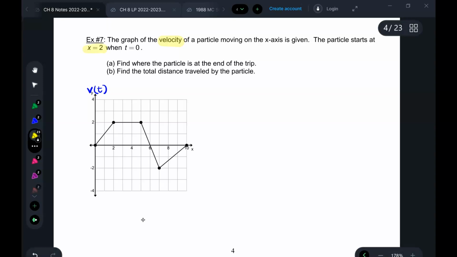The particle starts at x equals 2 when t equals 0. So what are we trying to find? We're trying to find v of 10. So we need to do v of 0 plus the integral from 0 to 10 of v of t dt.